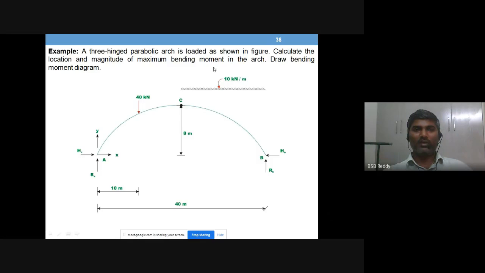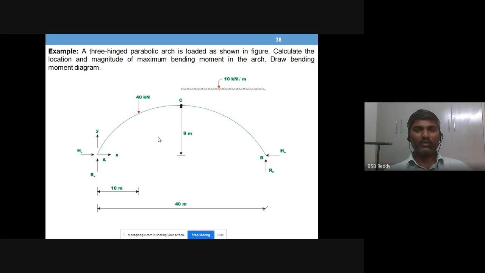So you need to draw the BMD. That can be done by writing the Mx equation, as you have done in the case of beams. Okay, right. Let us proceed to the solution.